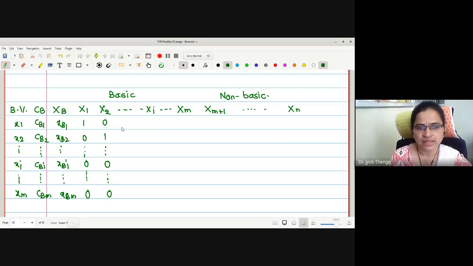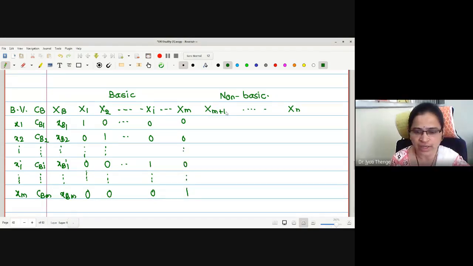Similarly, what about xi? Xi will be the ith variable of the basic, therefore the ith entry will be 1, and all the rest of the entries are 0. What about xm? The last entry will be 1.